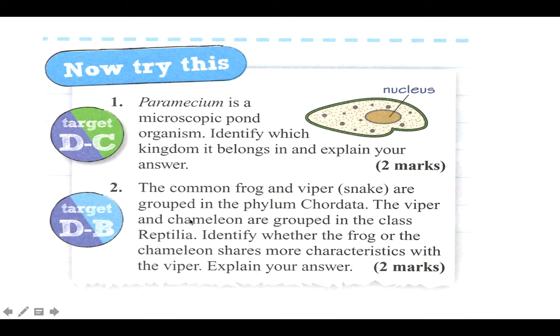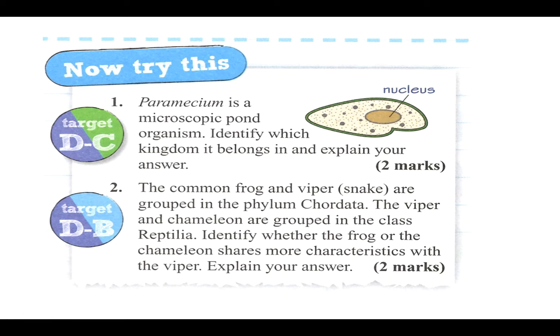So if you said that the chameleon shares more characteristics with the viper, you got 1 mark. So the chameleon would share more characteristics with the viper.